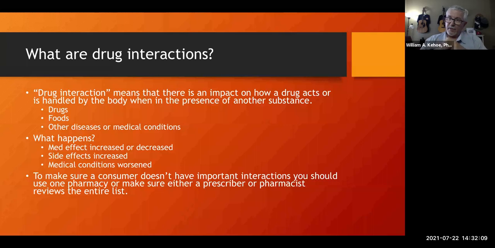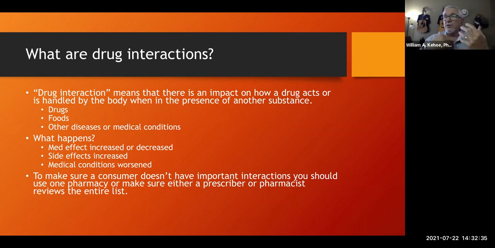Foods can affect absorption, but also some types of components of food can impact the way a drug is acting. But also diseases. It's an important thing to remember that some drugs, if you give them to people who have certain kinds of diseases, you can interfere with the control of that disease. So there are a number of things that can happen because of these interactions.